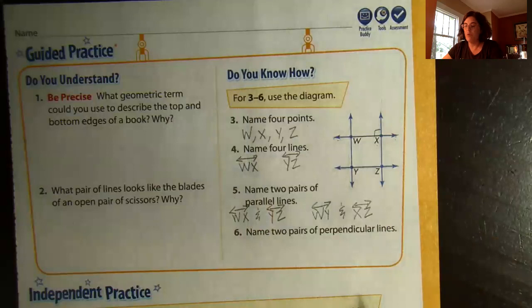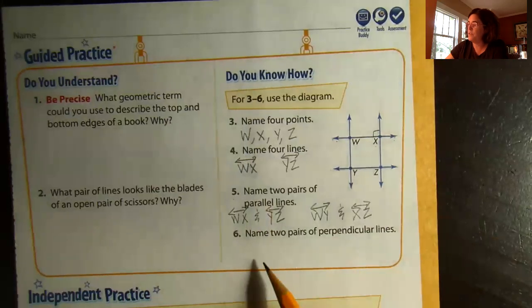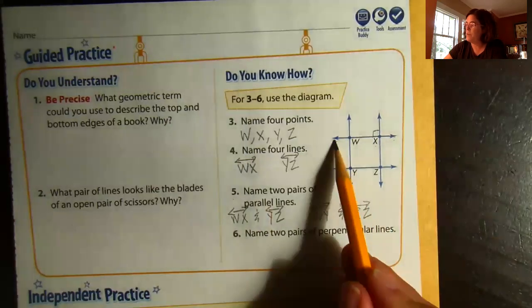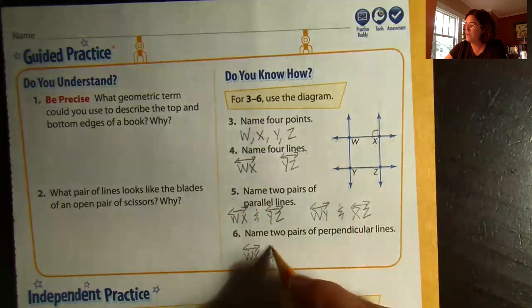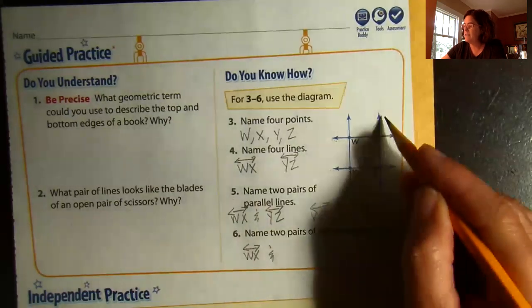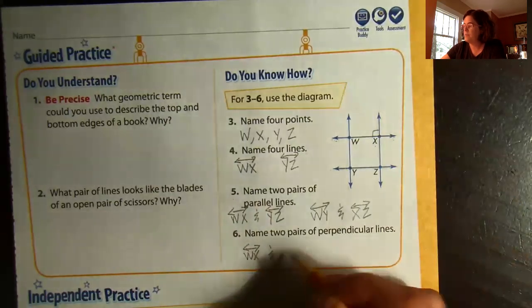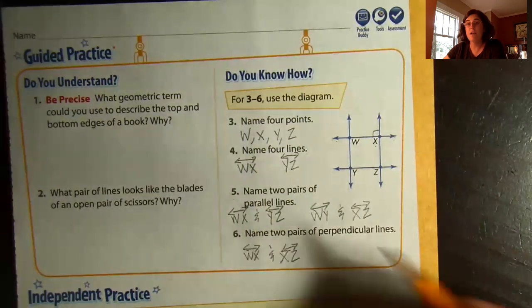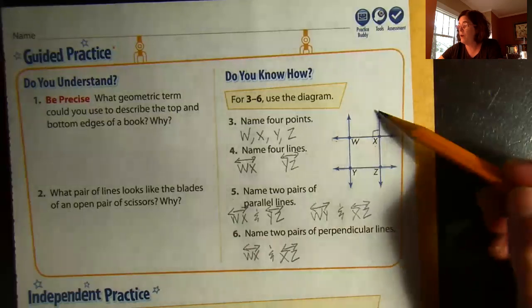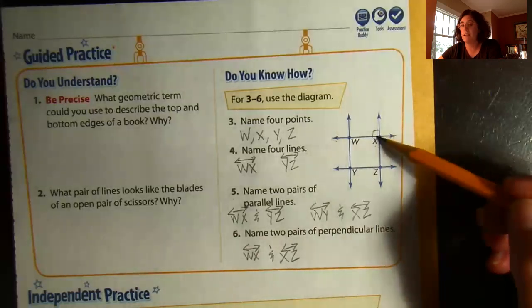So I'm going to name one of my pairs of perpendicular lines. I will have WX and XZ, because those are the 2 lines that when they cross, they form a right angle.